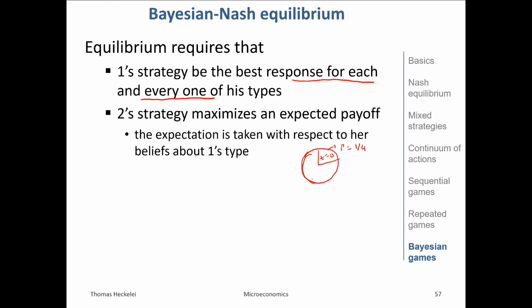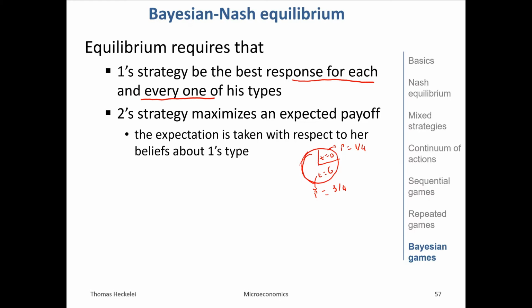Just one example different from before. And then t equals 6 with probability 3/4, right? Because the two probabilities must sum up to 1. Remember that. So he would have a certain idea about this pie chart in his head.